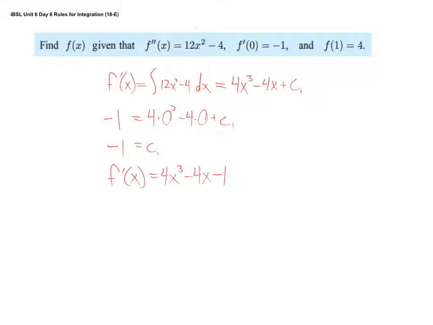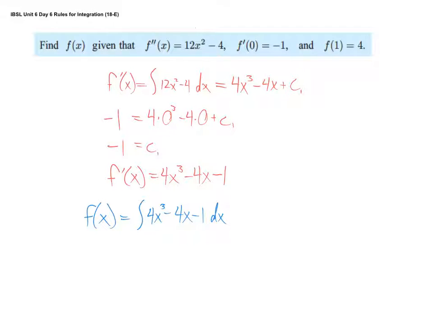So, as we said, we're going to do the integral a second time. So f of x is going to be the integral of 4x cubed minus 4x minus 1, and of course I don't want to forget my dx.